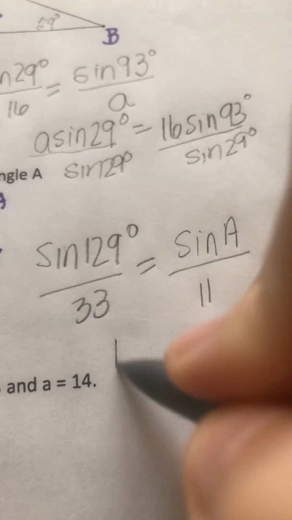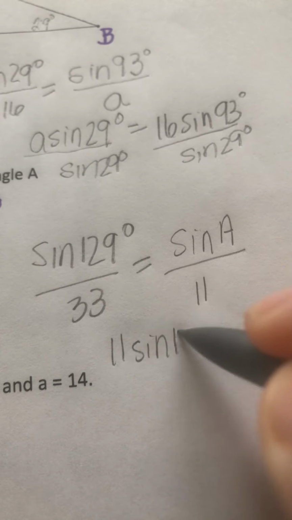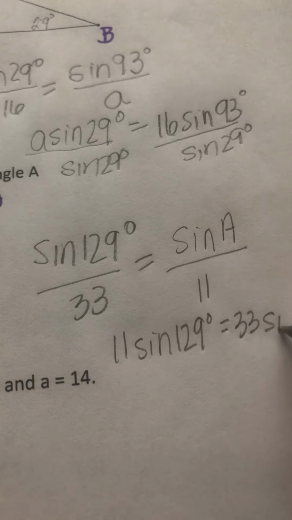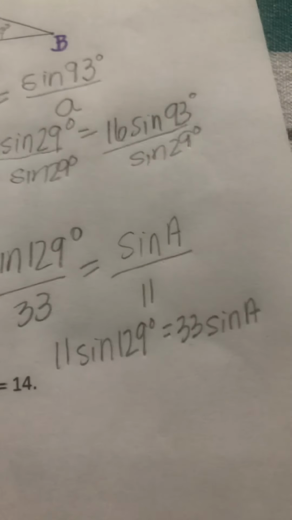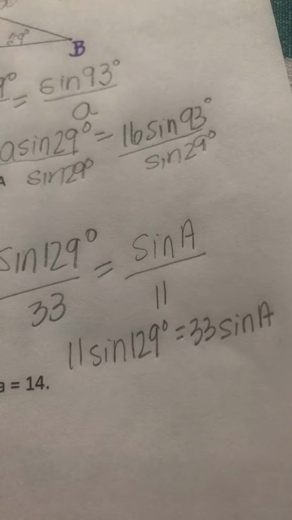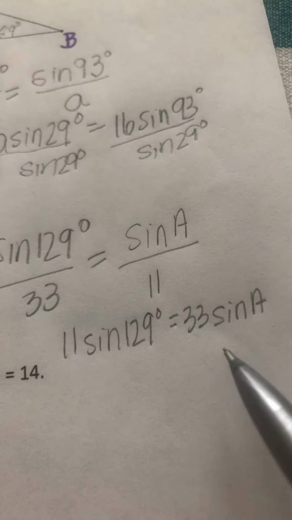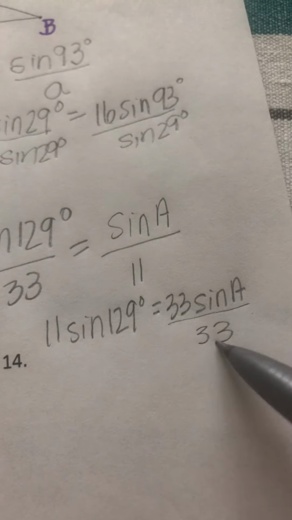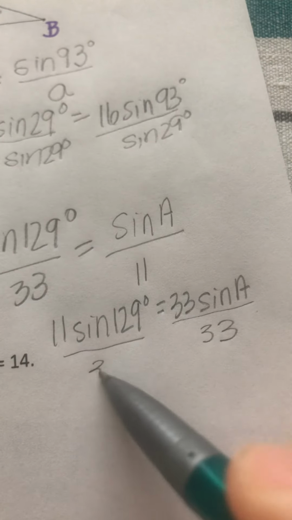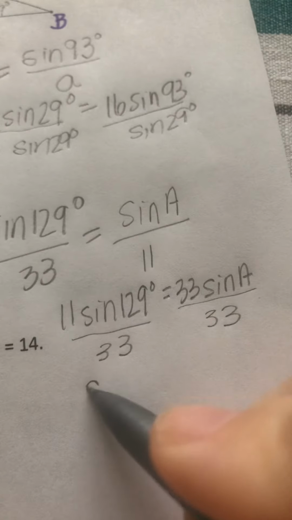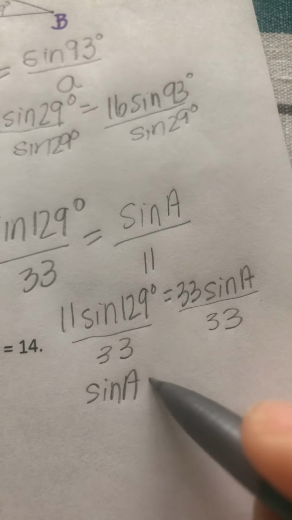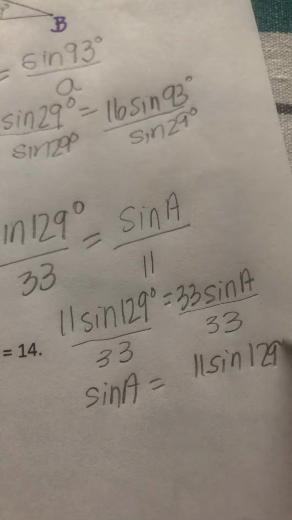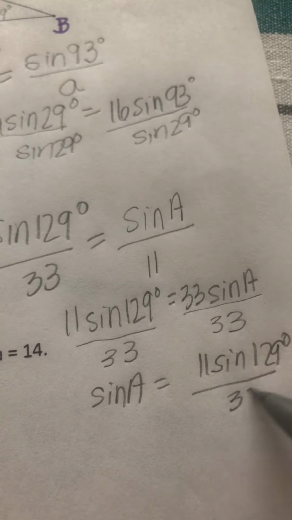Cross multiply. Set the cross products equal. So next step, divide that thing by 33 to get rid of the 33 because you're trying to isolate the sine A. So you're going to have sine A equals 11 sine 129 degrees over 33.